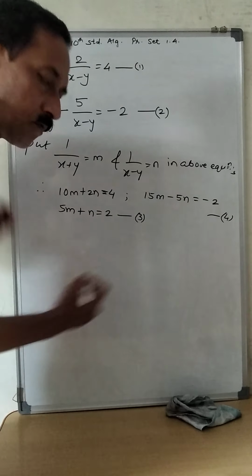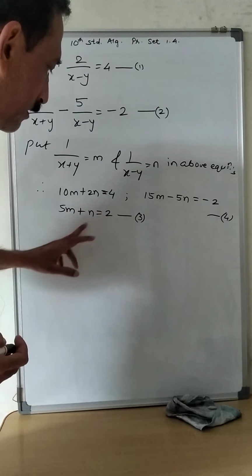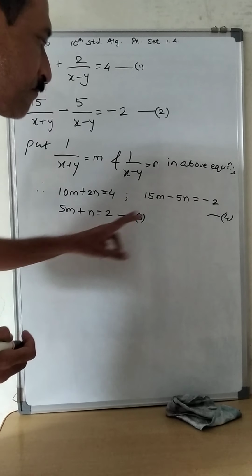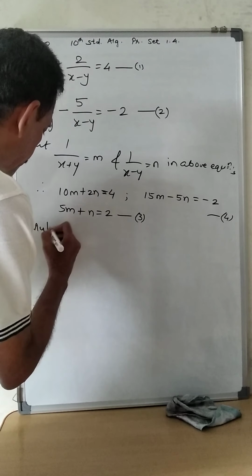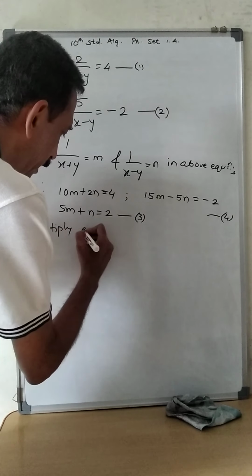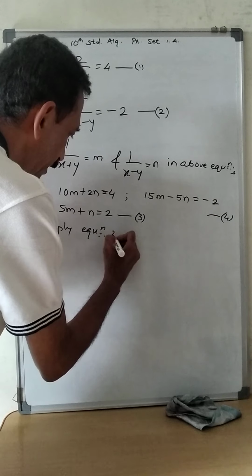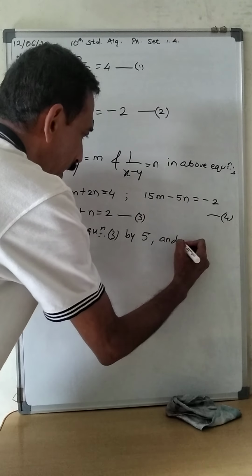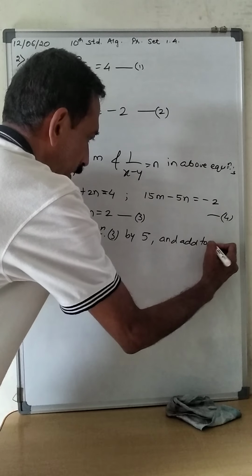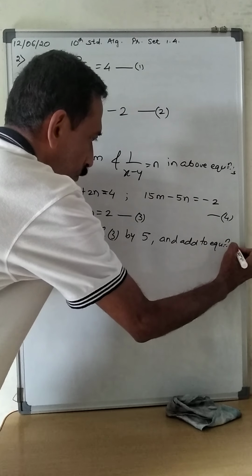Now to eliminate n, we have to multiply equation 3 by 5 and add it to equation 4.